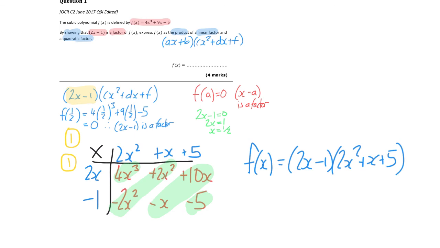You might have made a few numerical mistakes, but you'll still get a mark for trying the method. You then get 1 mark for getting the correct quadratic at the top, and you get your final mark for remembering to write it as a product, for showing the examiner you know what the word product means.